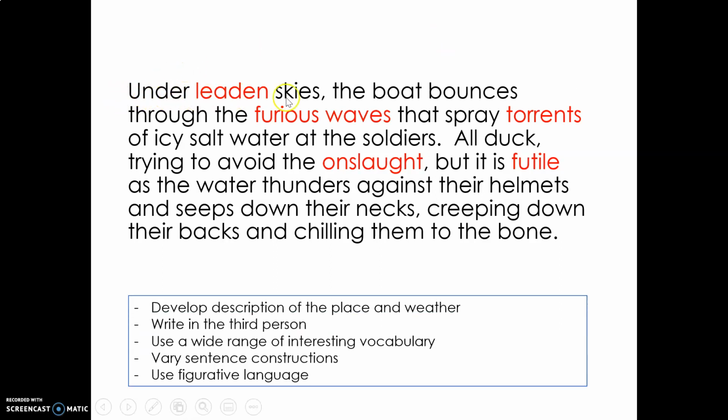Okay, starting with that nice prepositional phrase, under. Bit of personification here, the furious waves that spray torrents. And some really developed clauses building up. Okay, developing that sentence. And into a really precise and interesting description of the place and the setting.